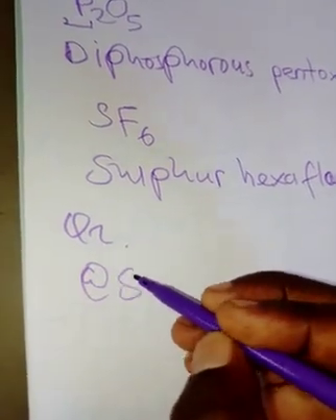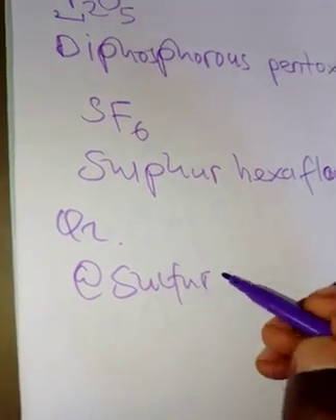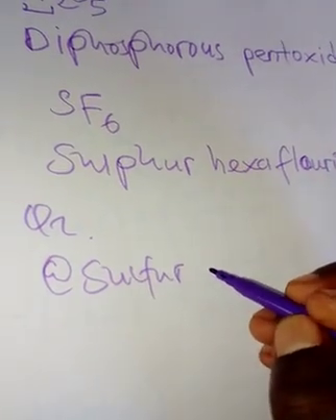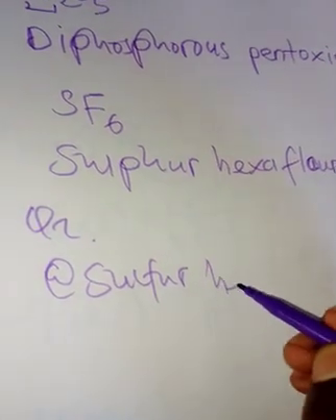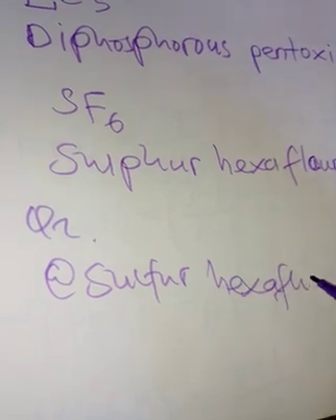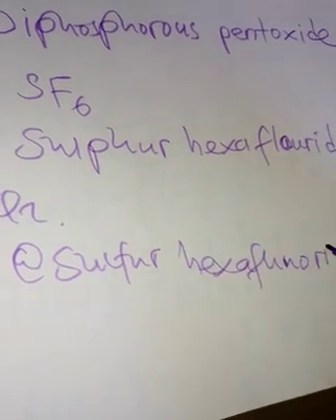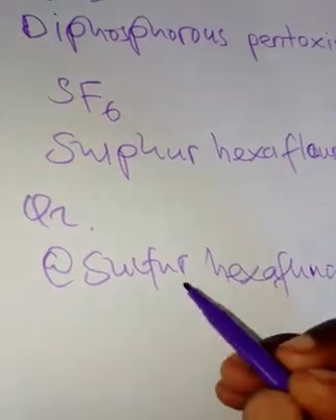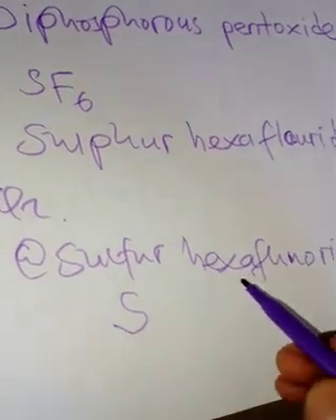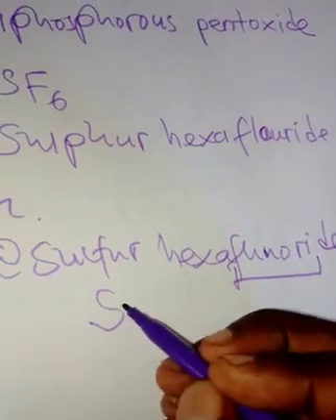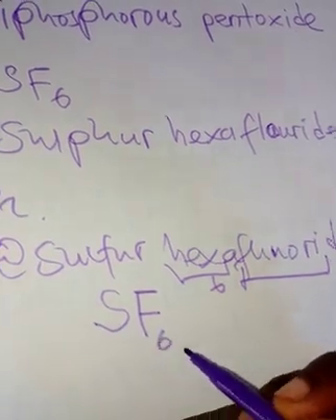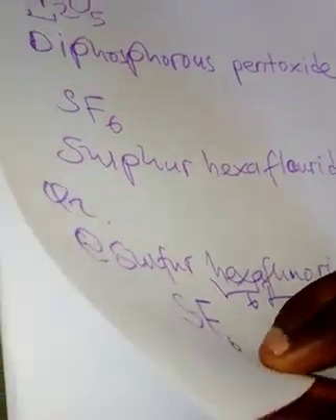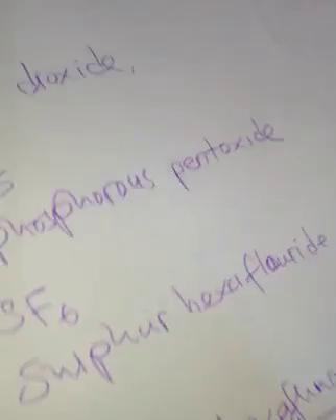The first one, let's say I've been given sulfur hexafluoride. So you check sulfur, this is simply S, then fluoride from what? Fluorine. Then hexa, that's 6. So SF6. That's sulfur hexafluoride.